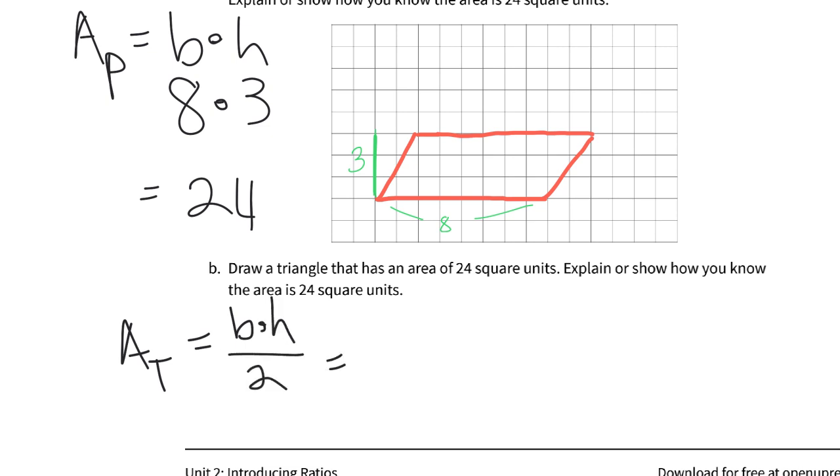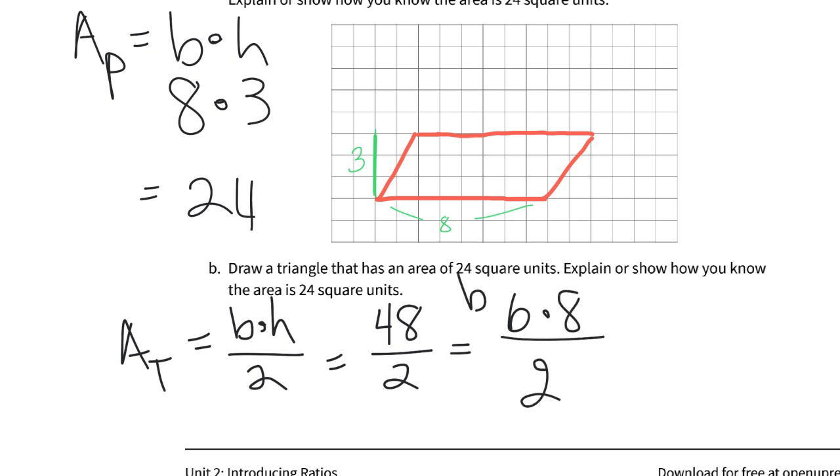All right, so I need something that's going to be 48 divided by 2. So I need 2 numbers that multiply to give me 48. I could do 6 times 8, which means my base is going to be 6, my height is going to be 8.